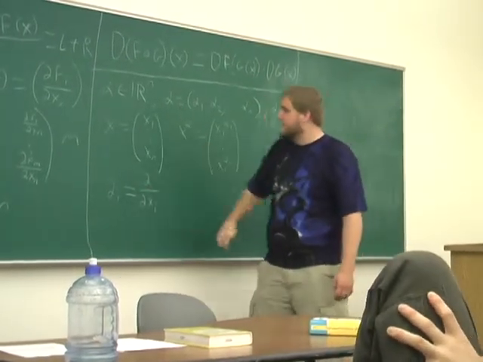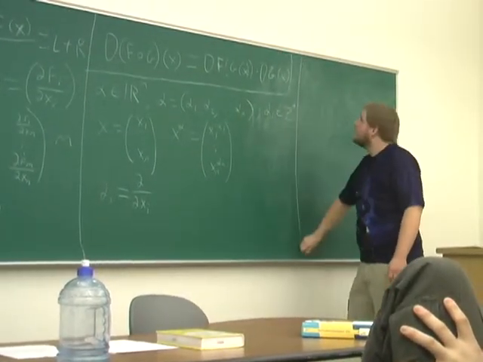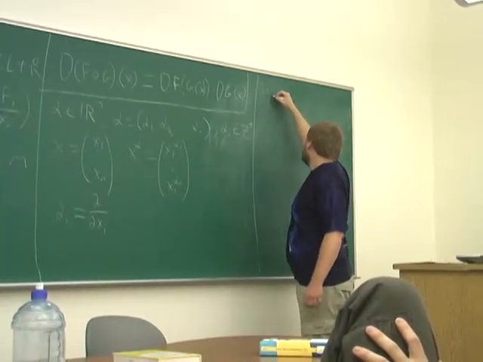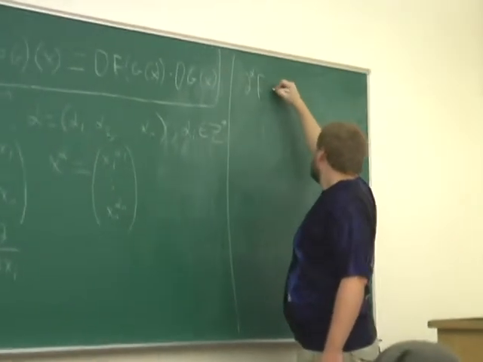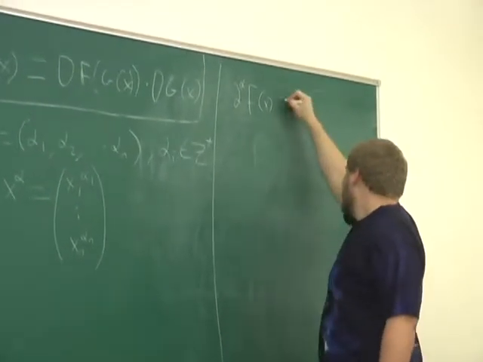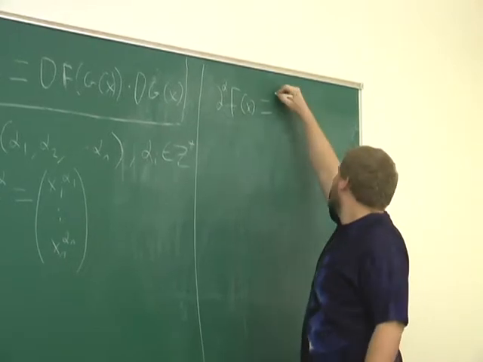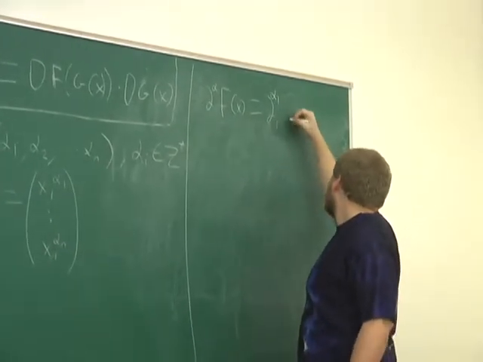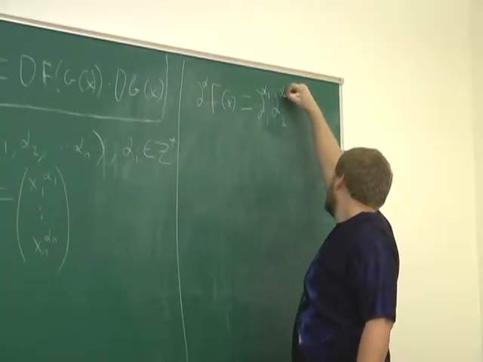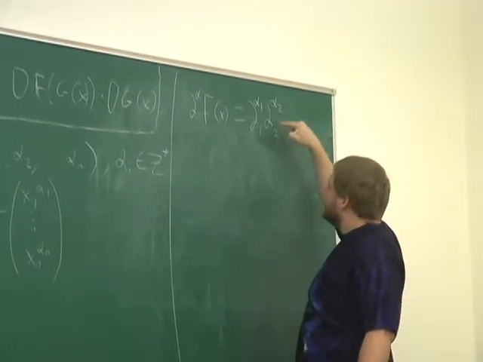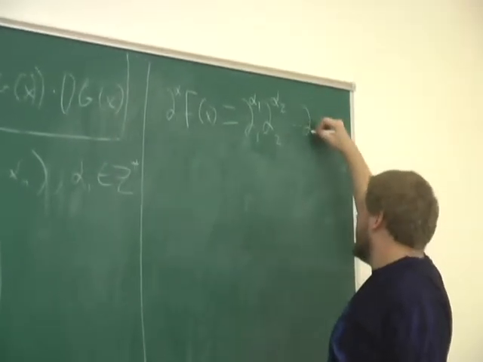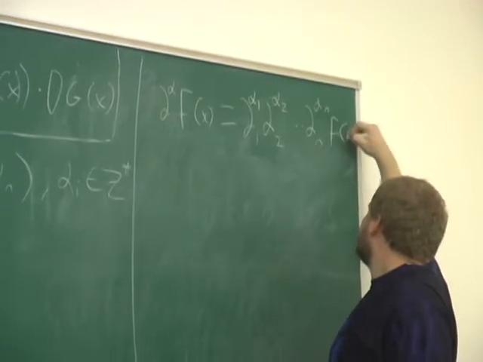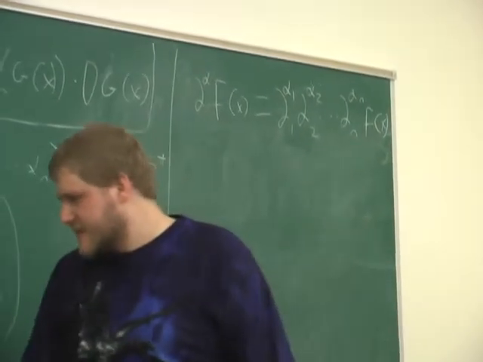So kind of combining these ideas, what we do is we talk about the derivative of this f, and this is equal to each of these derivatives, an alpha i derivative of each of the i independent components, which we can write just as this.